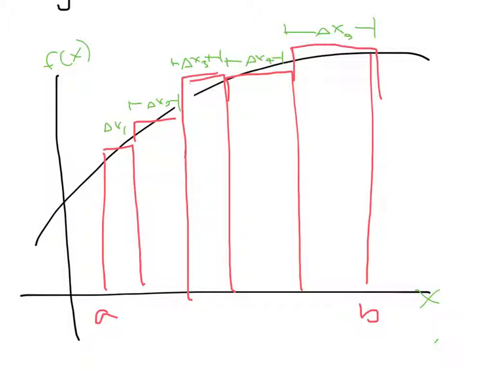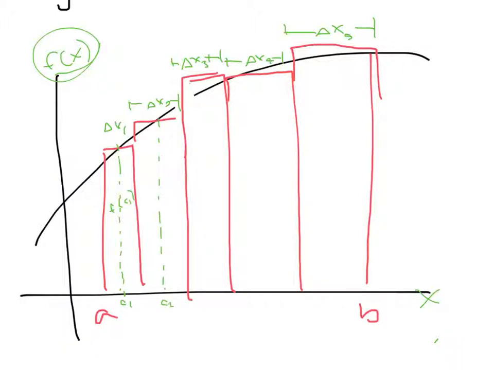Now we need to figure out the heights of our rectangles. So the heights of our rectangles are determined by the height of our function, right? Where the black curve intersects our rectangles. And as we talked about in class, you can take a right limit, a left limit, or from the center point to figure out your height. Here in this situation, I'm just going to go with the center point. So if I call this point C1 on my x-axis, then I can call my height here f of C1 because I define my function as f of x.